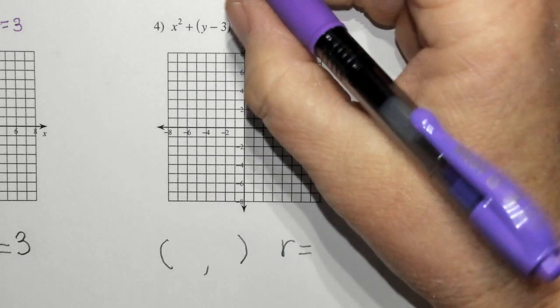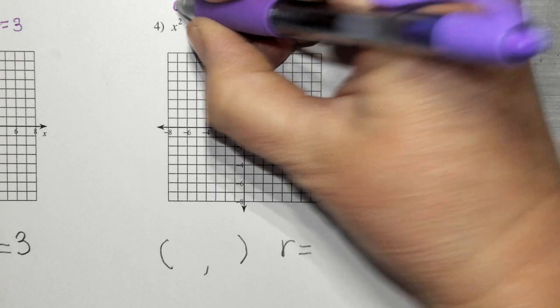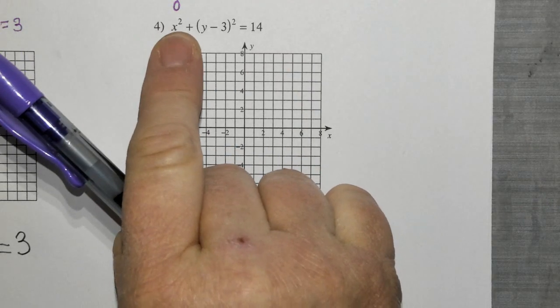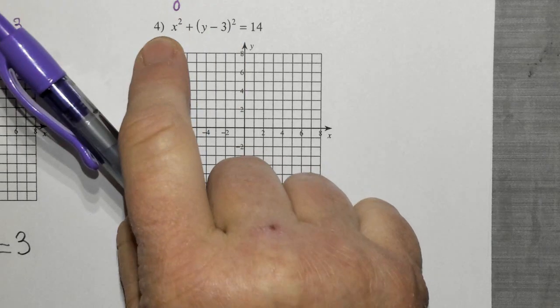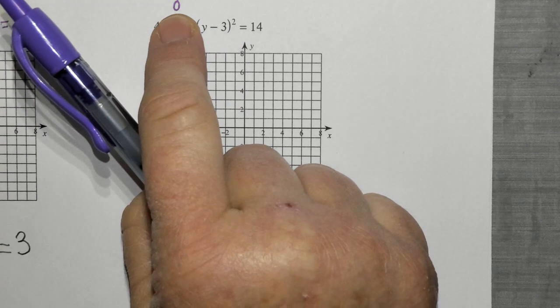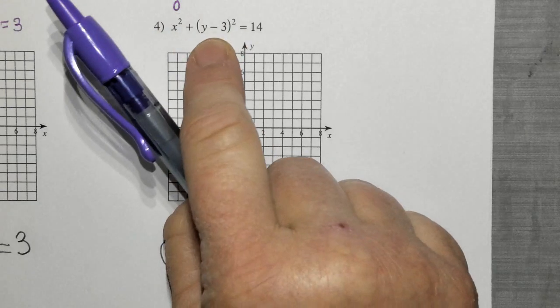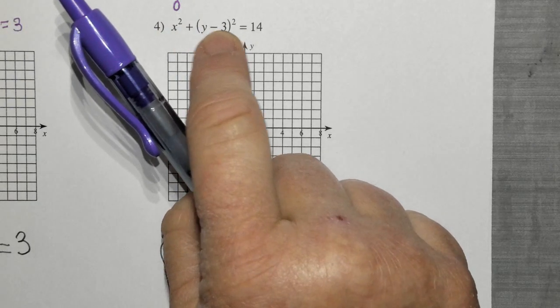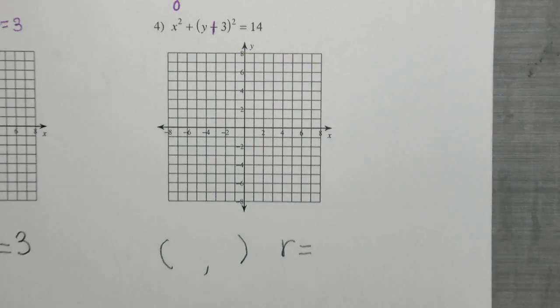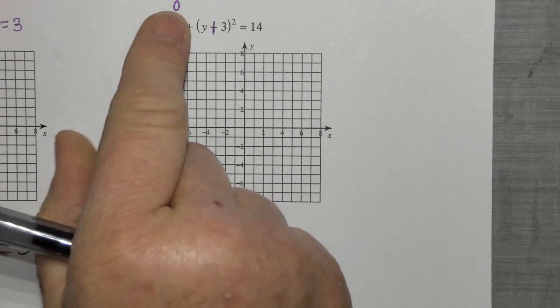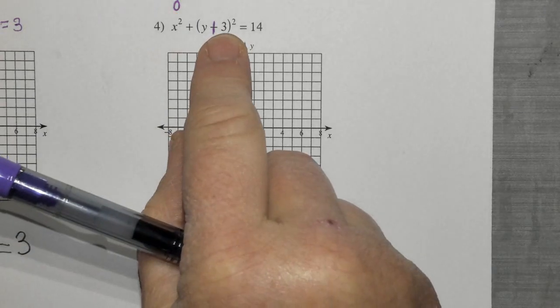There's 0 number. So what I want you to do is just write 0 here, because there's no numbers here. See how there's a number 3 here, a -3, but there's nothing here. So put 0 for nothing. Okay, now for -3, opposite is +3. So we have 0 plus 3.